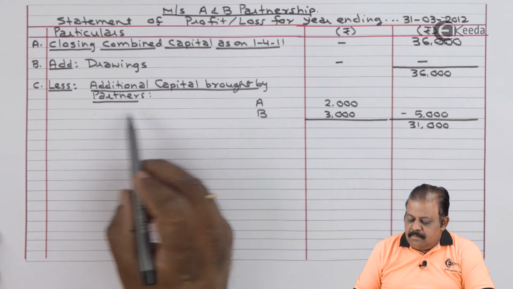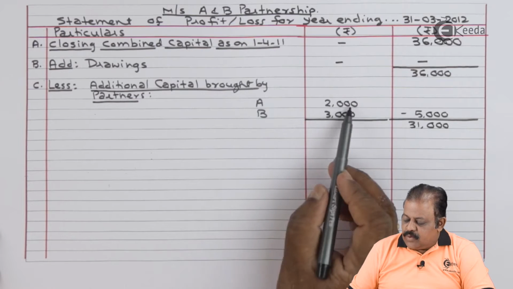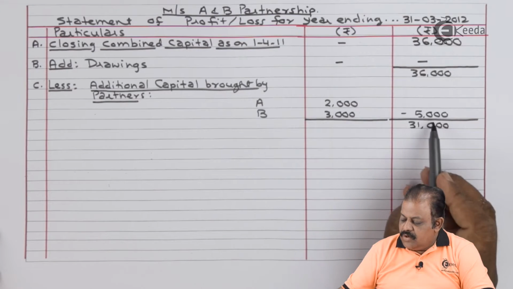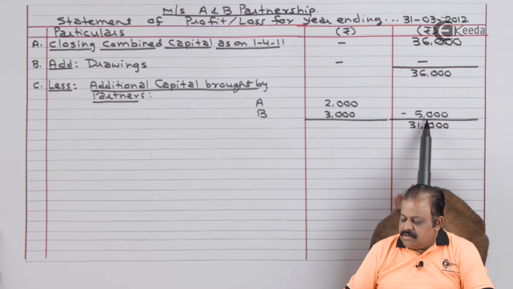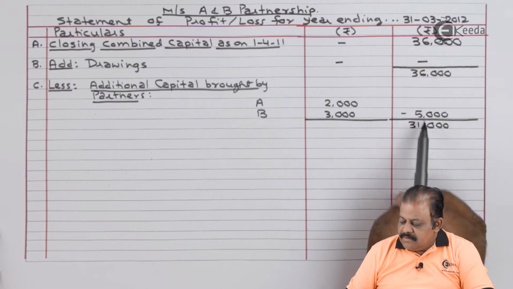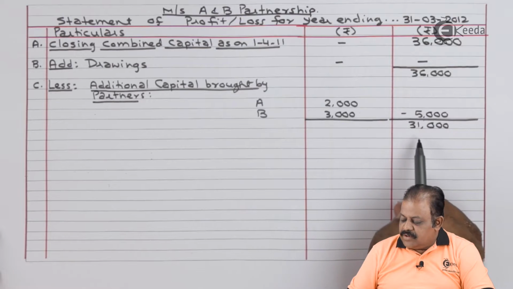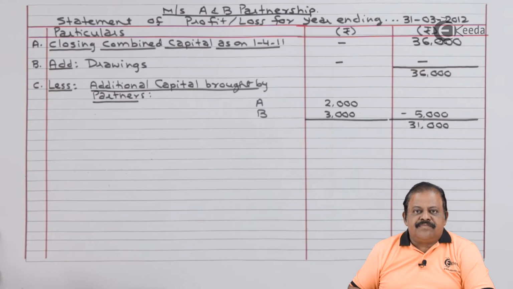Additional capital brought by partners A 2,000, B 3,000, total 5,000. This will be deducted from 36,000. 36,000 minus 5,000, we got 31,000.